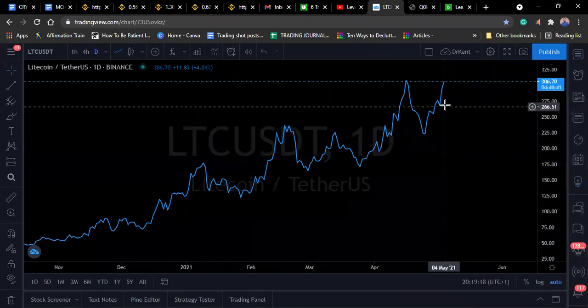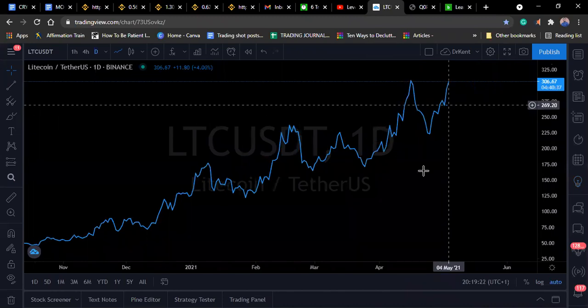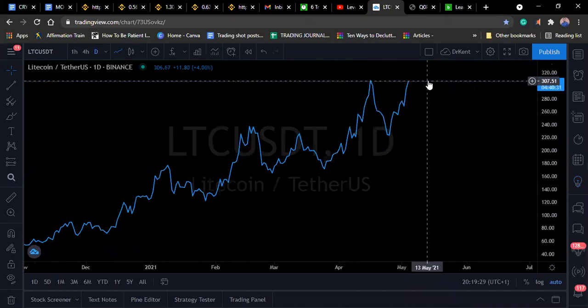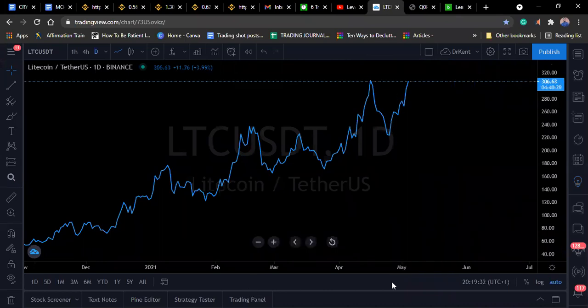So let's assume price started around here for today, which is $270. By the time price closes around here for today, which is around 305, then it means that for today, overall, the market had this movement. So this is the line chart. It's very simple. It just tells you what the closing price is.